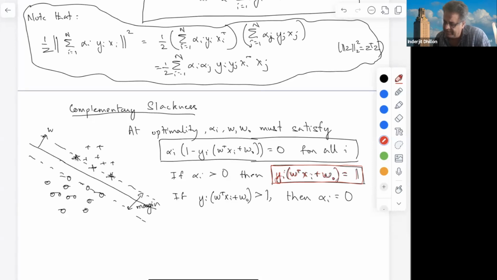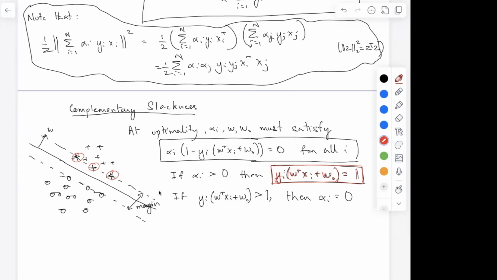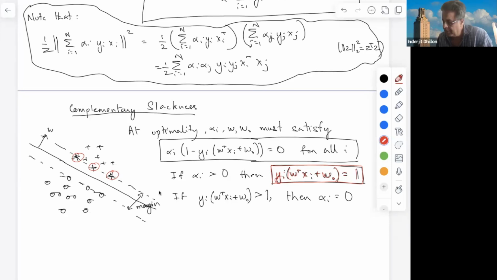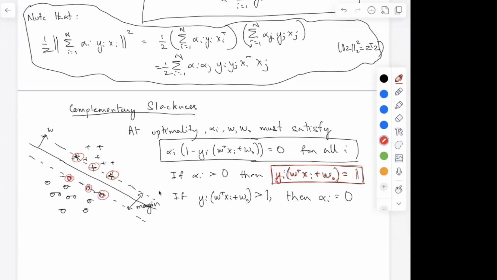And these xi's, because it's met with equality, lie on the margin. So that means if alpha i is greater than 0, these points are on the margin, on the dotted line. And similarly the O's. Is that what you were saying, Thomas? Yes, because then yi is 1.